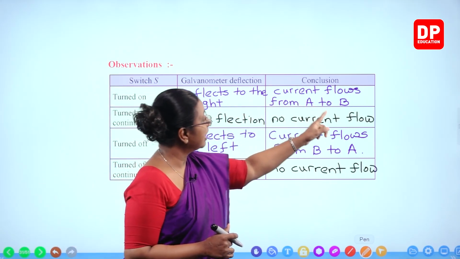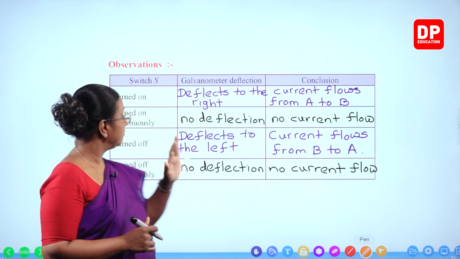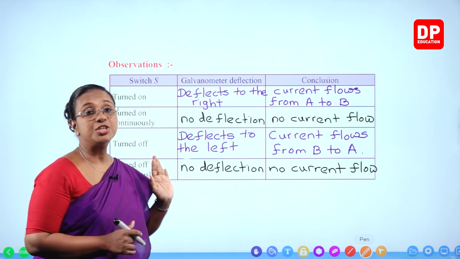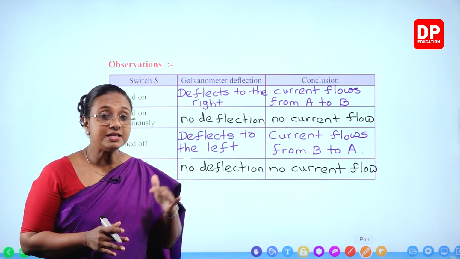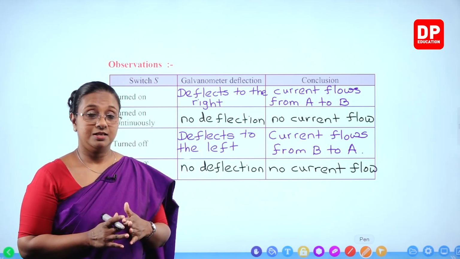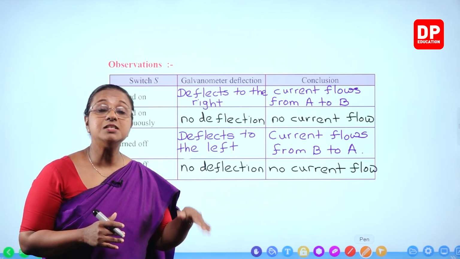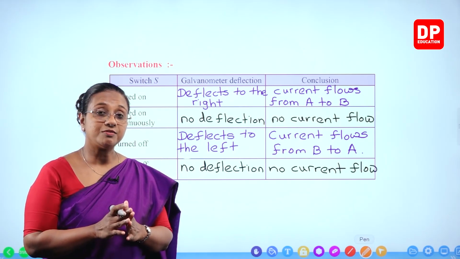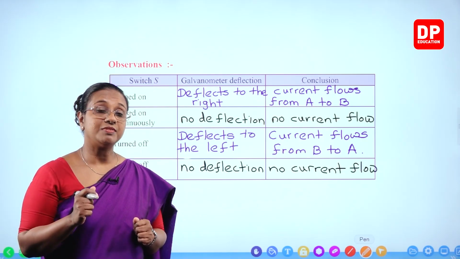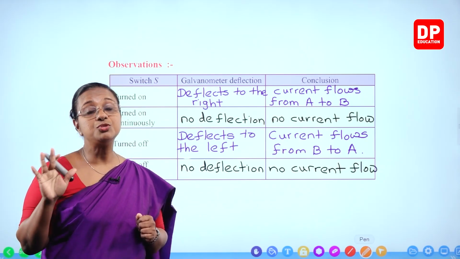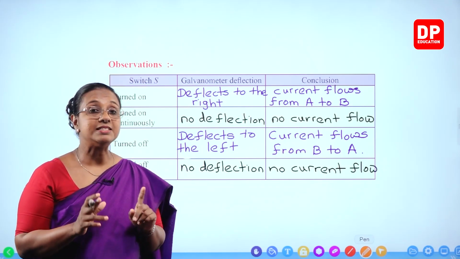So you know there is current flow in a certain direction. But when you keep the switch turned on continuously, there is current flow in the first coil, but the current flow is continuous. So because of that, there is no change in magnetic flux. Because of that, there is no induced magnetic field in the second coil. That is the difference, students.